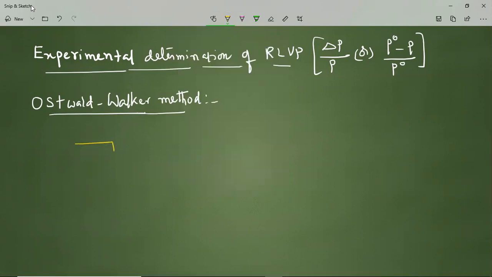For example, we have an inlet that is connected to a bulb containing solution. There are two bulbs connected with each other by U-shaped glass tubes, and from this direction we are sending dry air into it.